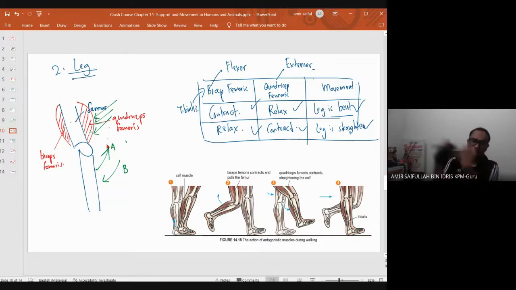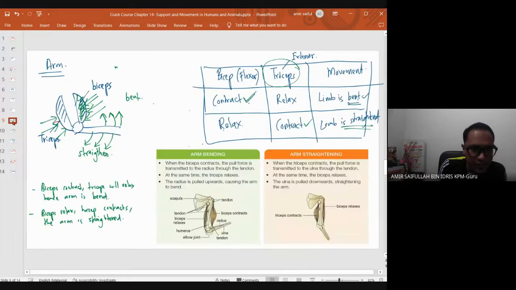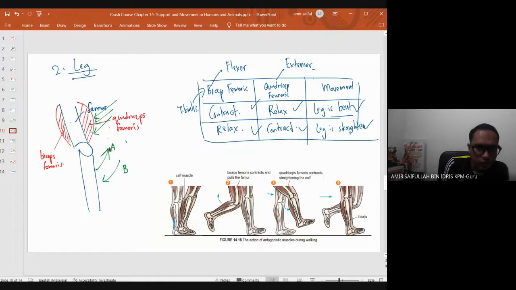It must come close to you, it won't go farther away from you. Right or not? So, the direction is A. Same like just now. If you see just now, here contracts, of course it will pull in that direction. It won't go farther. Understand?